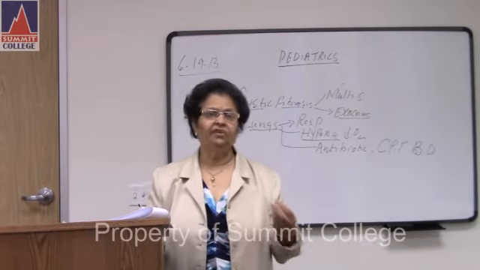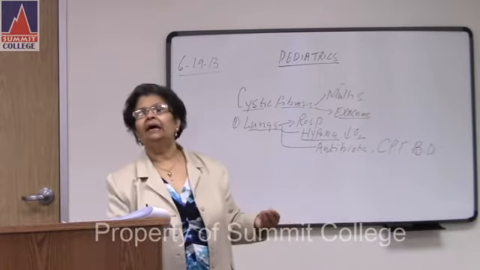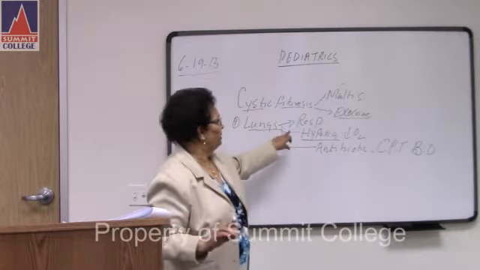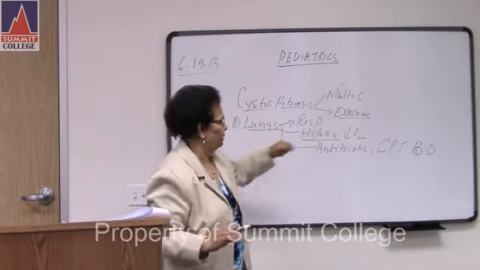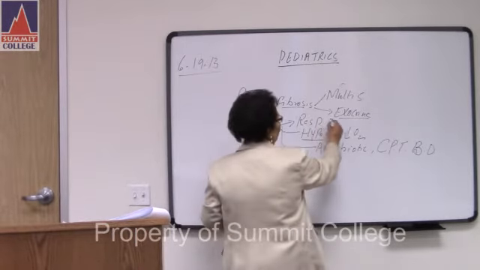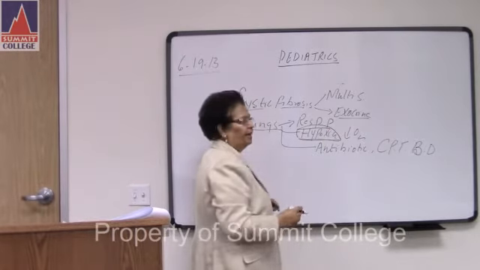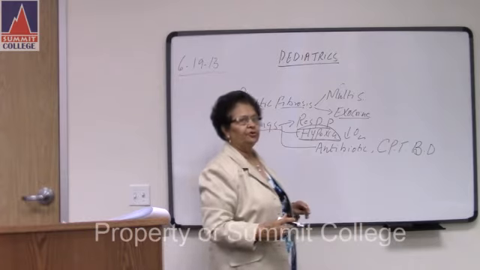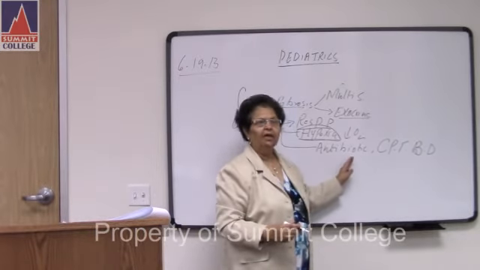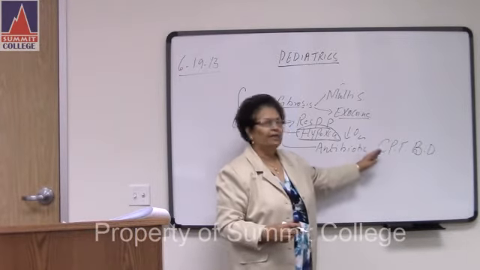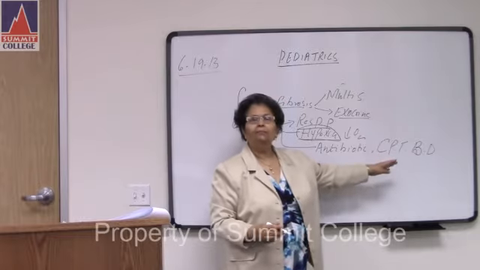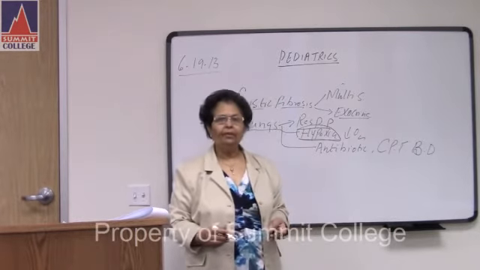All the phlegm is very thick and they cannot breathe in. So remember the word respiratory problem, that means they're not able to breathe. And the word hypoxia, they're not getting oxygen. What do you do? If they have infection, give them antibiotic, give them CPT, give them bronchodilator.